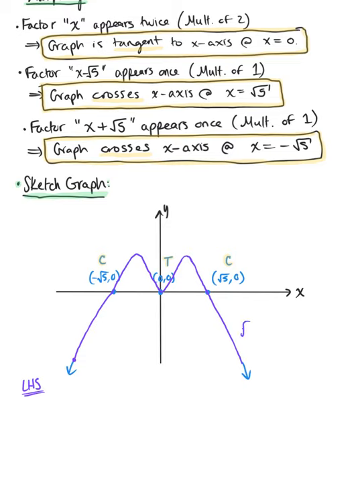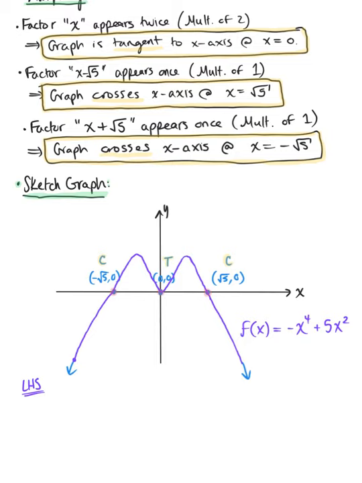This is the graph for the polynomial function f of x is equal to minus x to the fourth plus 5x squared. So notice the difference with this graph from the previous graph. This new graph has 3 zeros. 1, 2, 3. This graph also has 3 turning points.